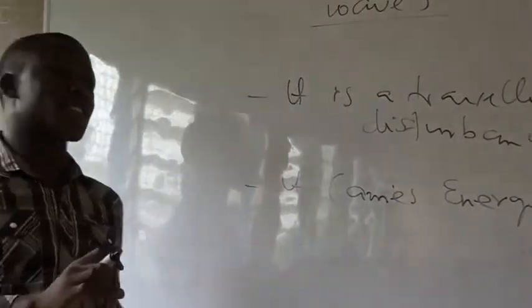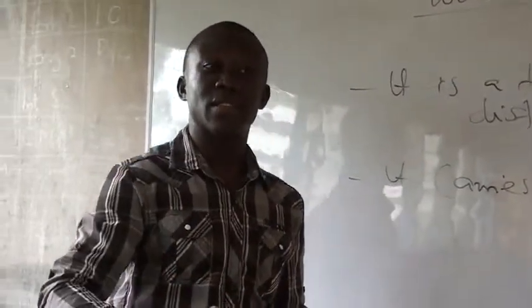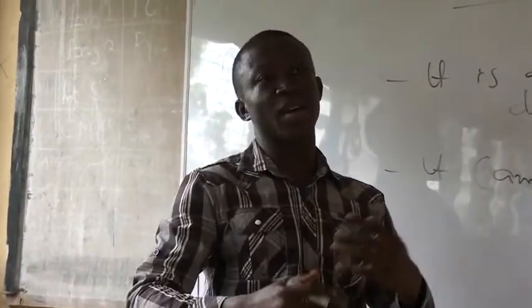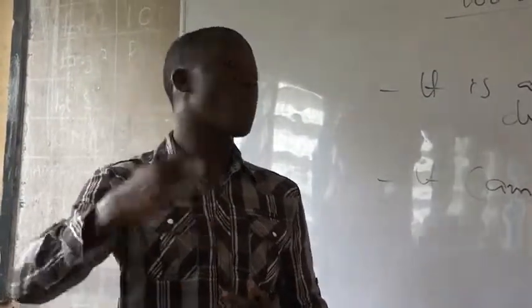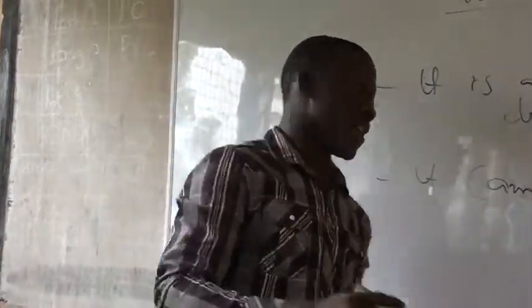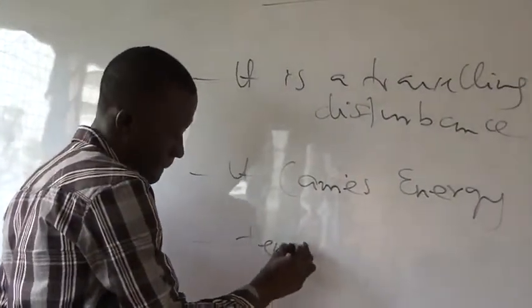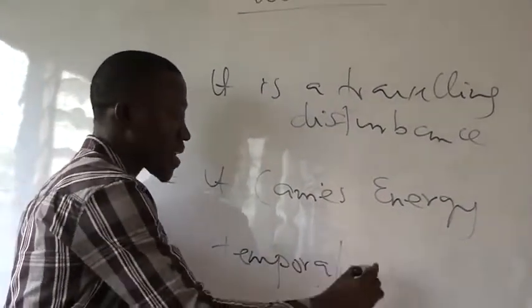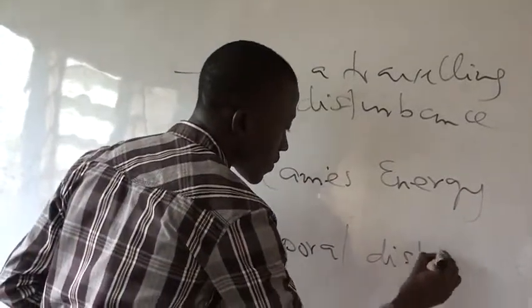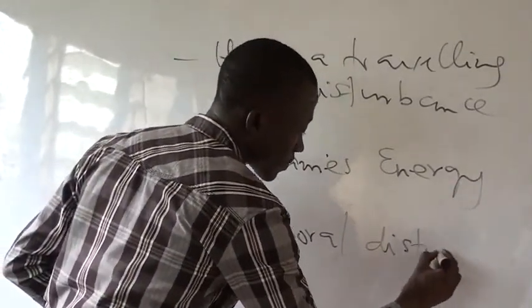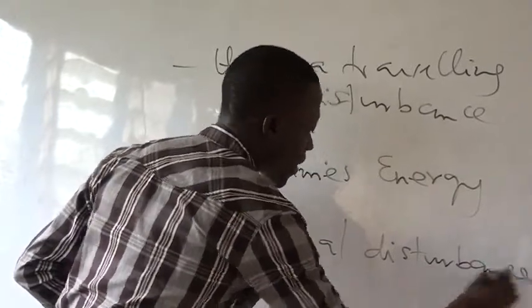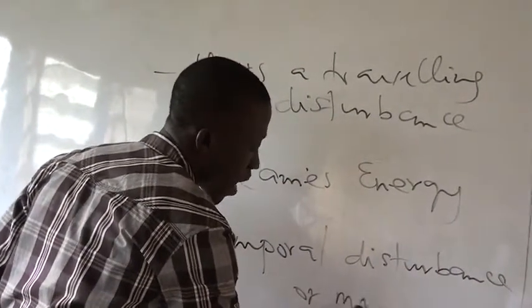And then it causes a temporary disturbance of the medium. In other words, it causes the medium to move temporarily. Is it clear there? So it also creates temporal disturbance or temporal movement.